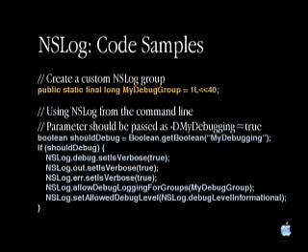Here's a sample of how to create a debug group. It's pretty simple. You'll notice that it's a long and that we're left shifting by 40. The first 32 bits are in use by internal WebObjects logging stuff. The other 32 are open for you to use however you'd like. The second part is an example of how you would pass in a command line parameter to enable debugging. Here's your command line.